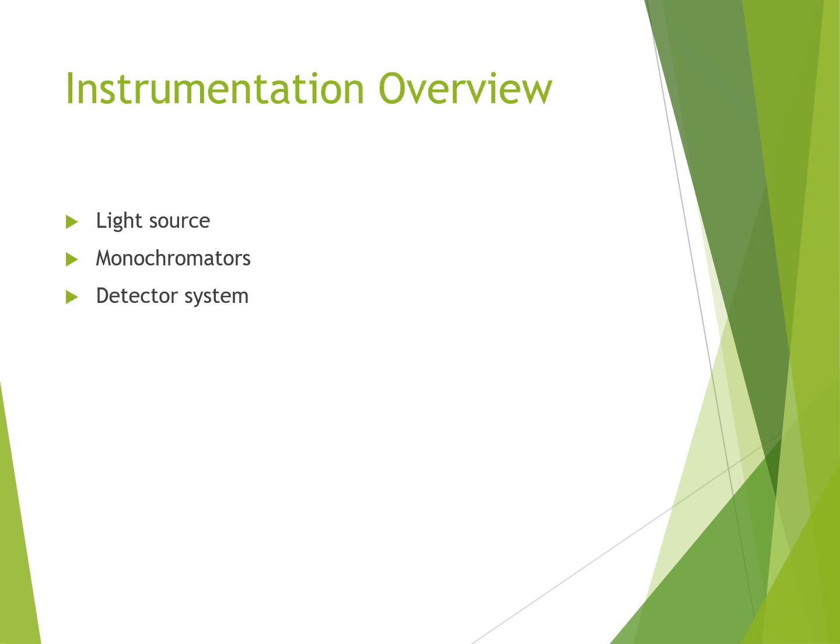If we discuss the instrumentation of a fluorescence spectrophotometer, it consists of a light source, excitation monochromator, sample cell, emission monochromator and detector.